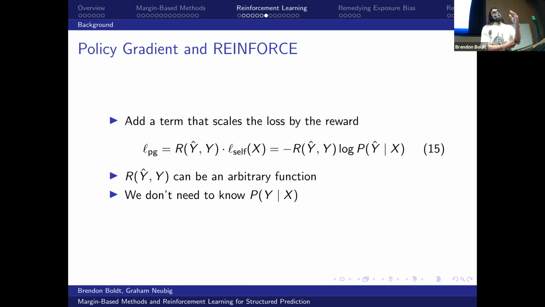Now, just like we were talking about before with cost-augmented hinge learning, this reward function is just a function of y hat and y. So one, this is operating at the sequence level, and it doesn't have to be differentiable. So we're free to use something like BLEU.